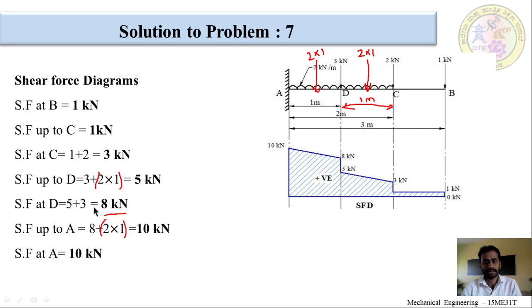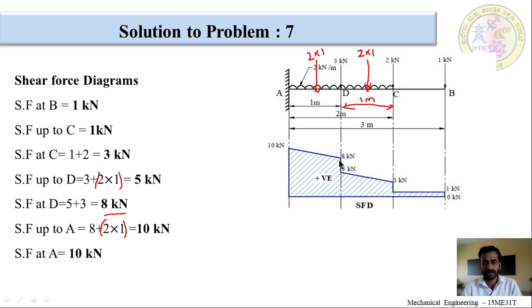Now, again shear force at D, due to the effect of the point load, is suddenly increasing from 5 to 8. So, we have to draw a vertical line. From 5 to 8, it is again 3 units, that is 3 kilonewton, which is equal to 8 kilonewtons. So, again from D to A, there is a UDL.